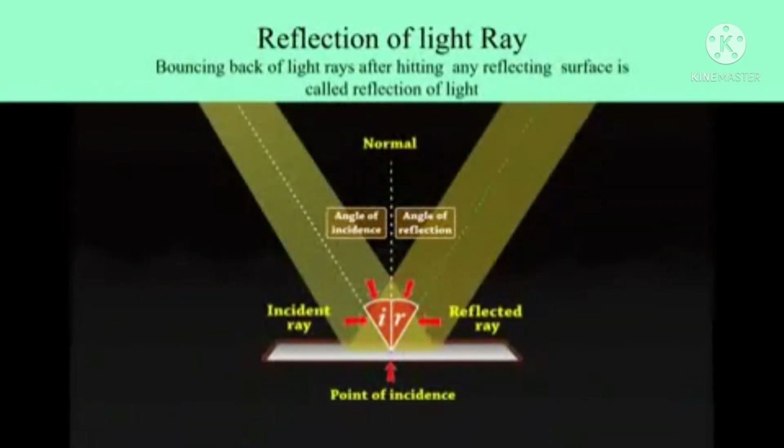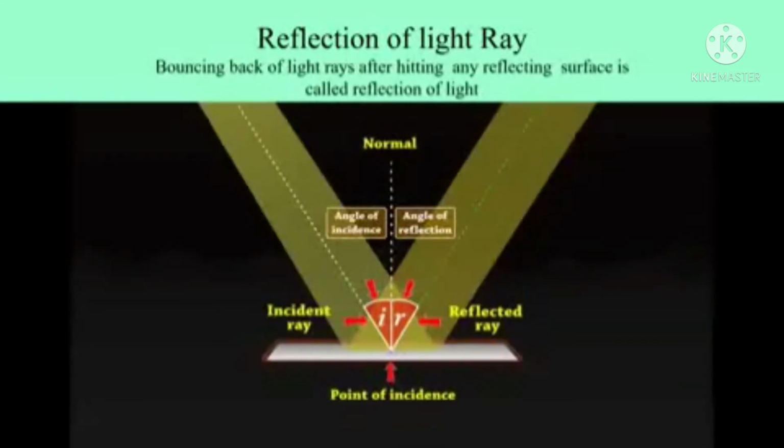The first characteristic of light is reflection of a light ray. Reflection of a light ray means bouncing back of light rays after hitting any reflecting surface.